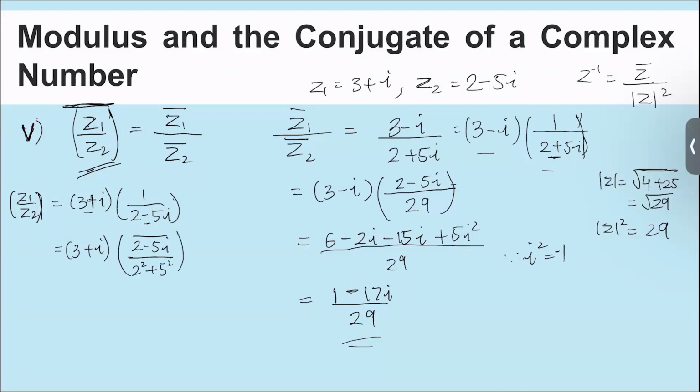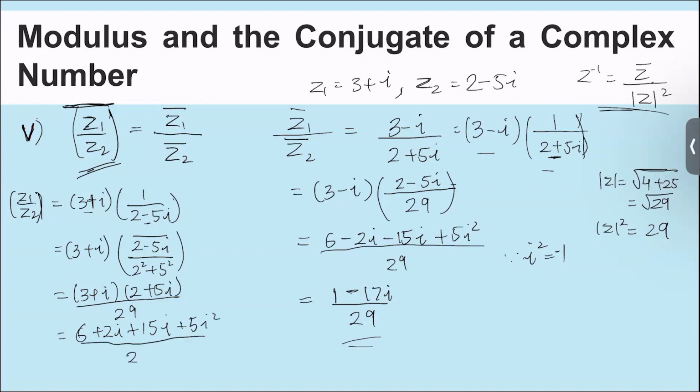Okay, if you directly write it in terms of this, you have 3 plus i times 2 plus 5i upon 29. So you get 6, okay, then you have plus 2i plus 15i, plus 5i squared upon 29.